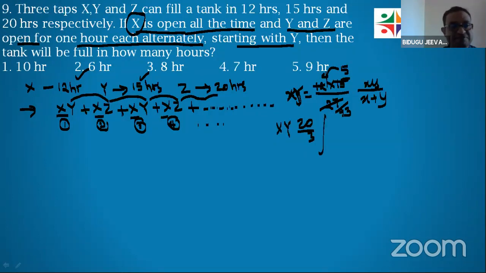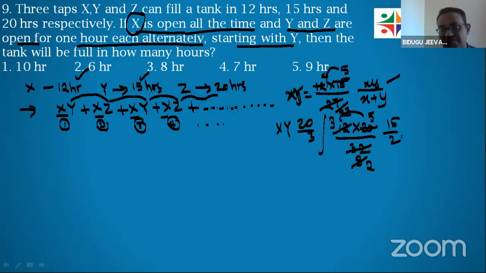What about XZ? 12 into 20 divided by 32. The rule is the same. 4 threes, 4 eights, 4 twos, 4 fives. So 15 by 2. Here also we have done the same.